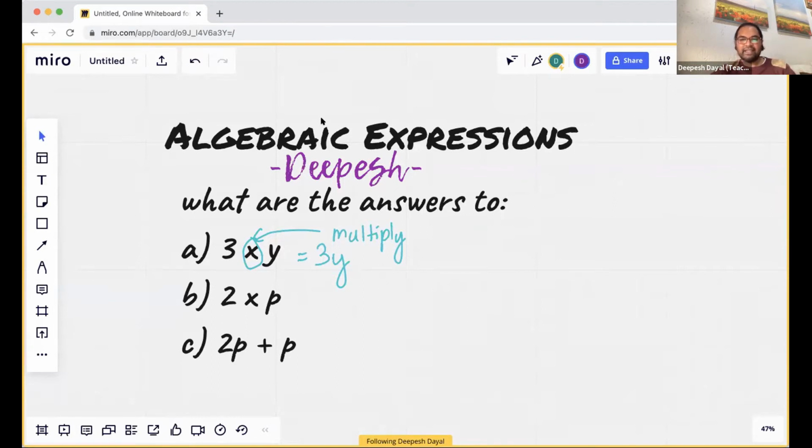Anybody have an answer for that? You can type in the chat as well. I don't see any messages yet in the chat. 2p. Oratile, well done. Okay. And the last one, 2p plus p, what is that?